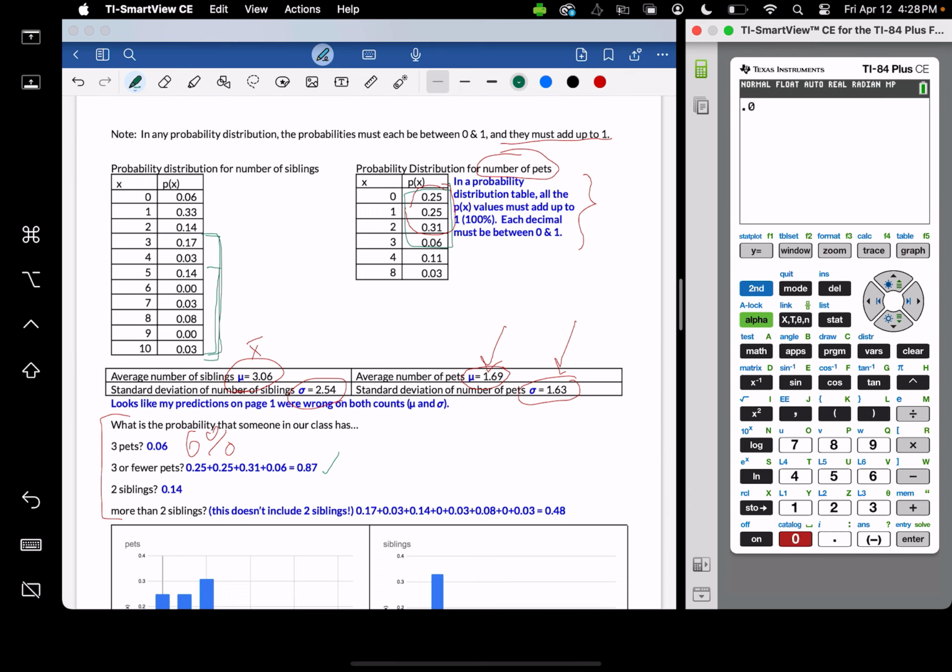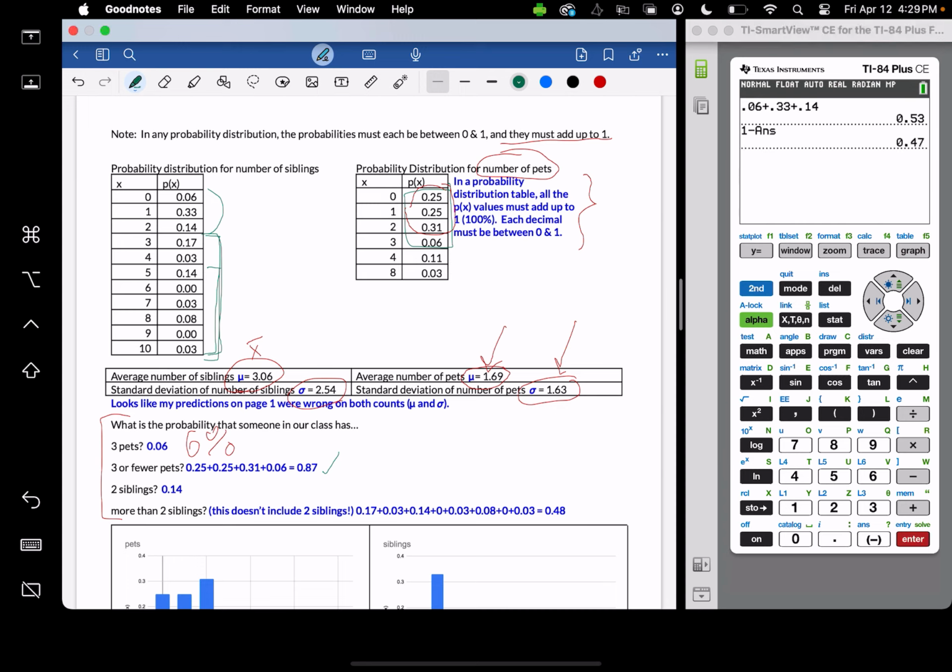Check out this clever move. I add these guys up, 0.06 plus 0.33 plus 0.14, enter, and then I do 1 minus that answer, and I get 0.47.